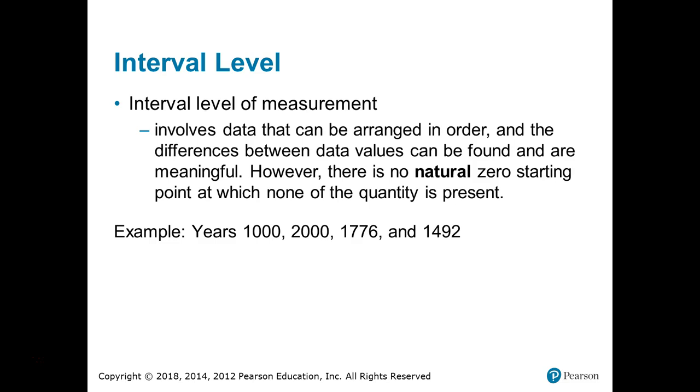Interval level involves data that can be arranged in order, and the differences in data values can be found and are meaningful. However, there is no natural zero starting point at which none of the quantity is present. So even year zero, well, what does that really mean? It's not like saying that there's zero years in the world.